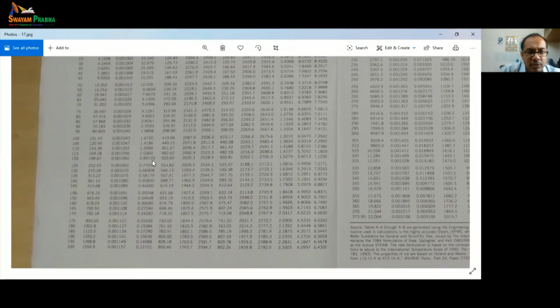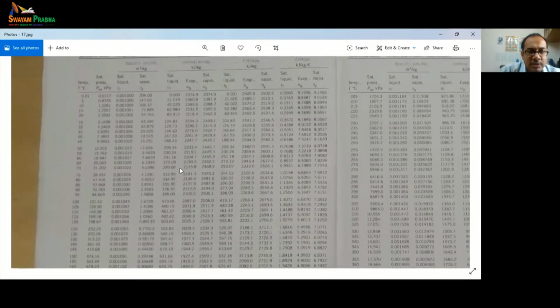So we can interpolate in between. For 125 the value is 0.77012 meter cube per kg, and for 120 it is 0.89133 meter cube per kg. So 124 degrees centigrade has to be interpolated between these two.